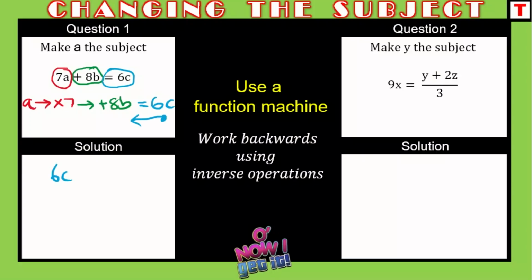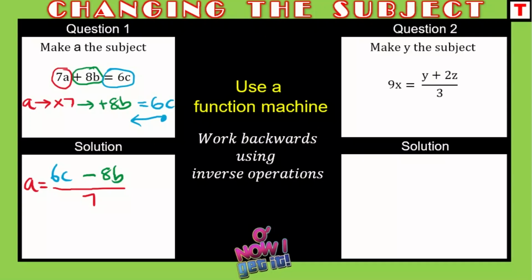Then we're going to be doing the inverse of adding 8B, which is to take away 8B. And then the inverse of multiplying by 7 would be to divide everything here by 7. And this would give us the value of A. And now that A is by itself, we would have made A the subject.